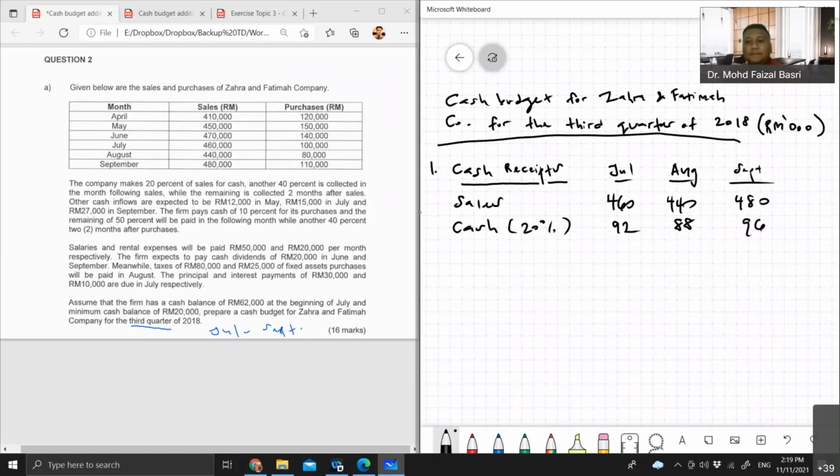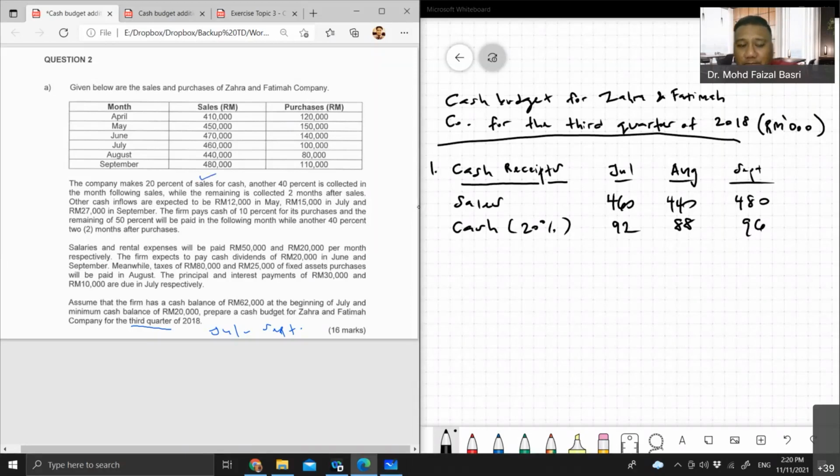Okay, 96,000. So that's our first statement, our very first sentence here. The company makes 20% of sales for cash. Okay, so technically, we cleared this one. We have used this assumption and put it in our statement. Okay, if you have any question, just let me know. Just interrupt me and ask the question directly.